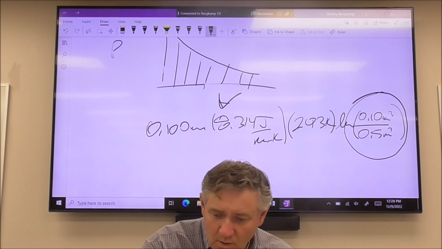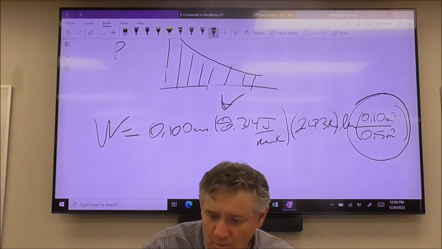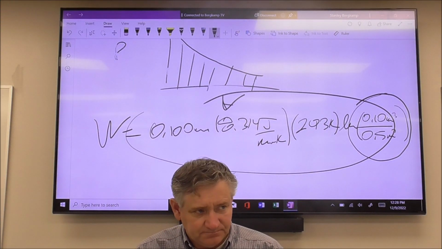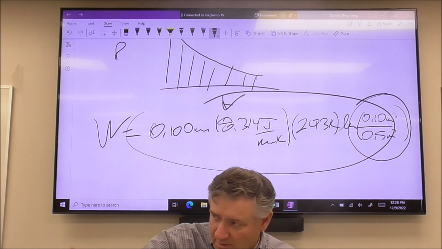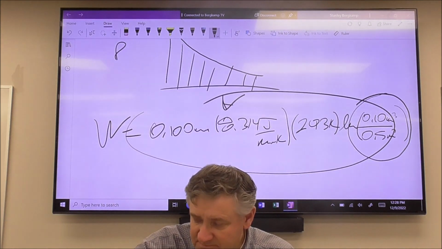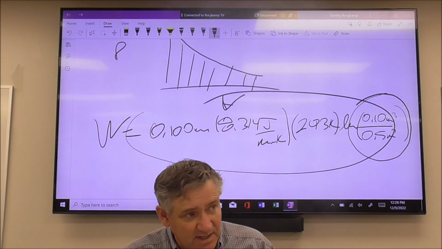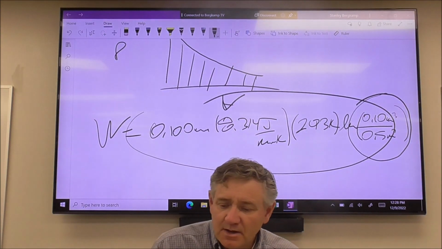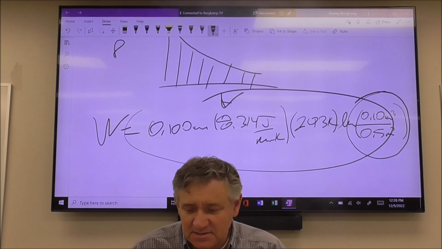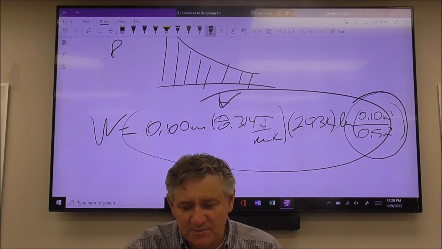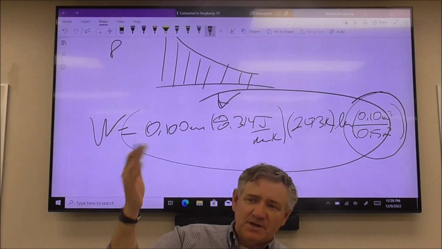So that's how I know when I calculate this work, I'm going to end up with a negative value, because my final volume is bigger than my initial volume, and that's why I said work is going to be a negative value. Okay? So now that we have this, somebody take 0.1 times 8.314 times 293 times the natural log of basically 0.2.